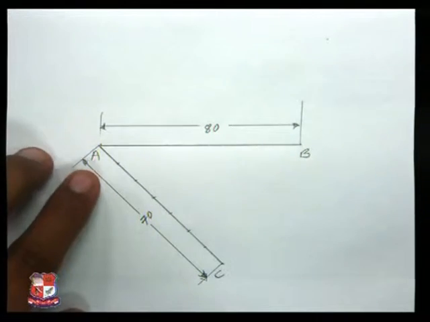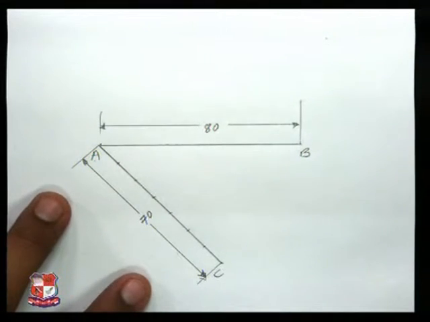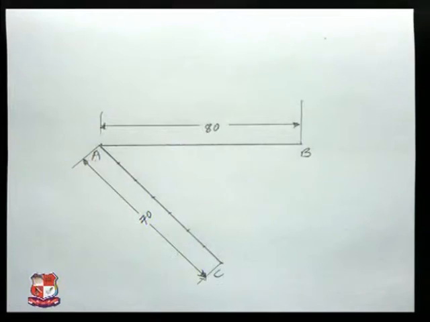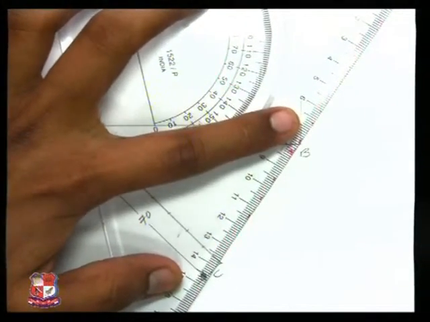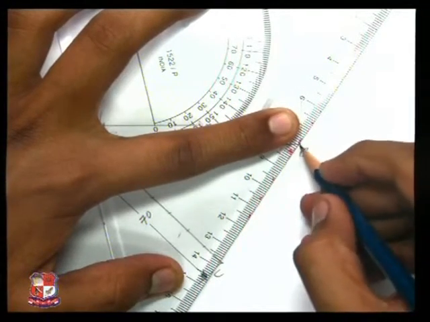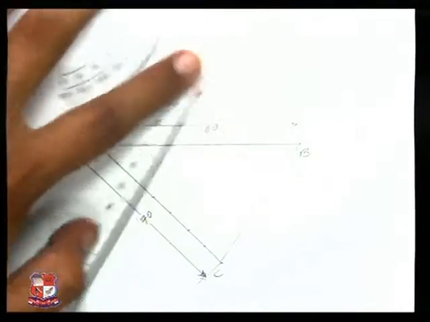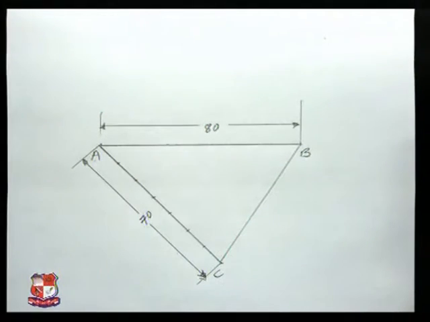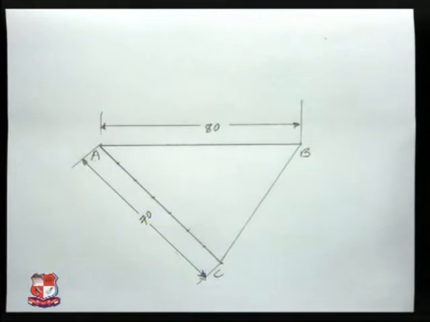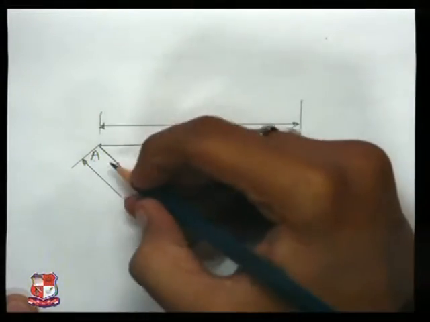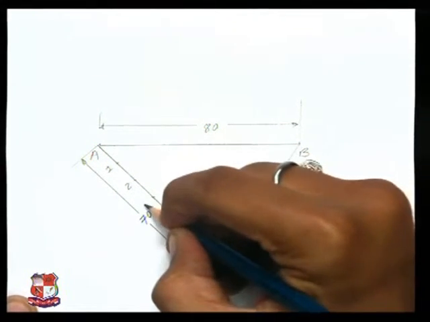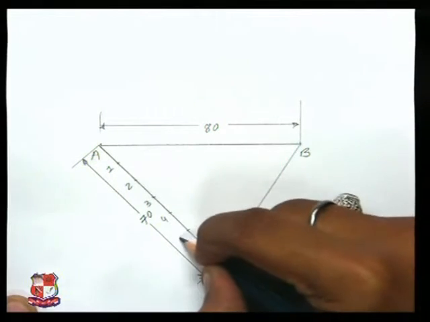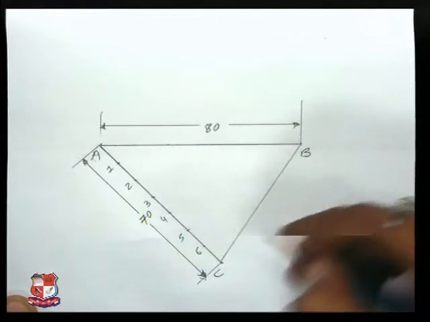We have got 7 divisions on the line AC. Now join line BC. We have joined line BC. Now give numbering to the divisions we have got: 1, 2, 3, 4, 5, 6 and 7.